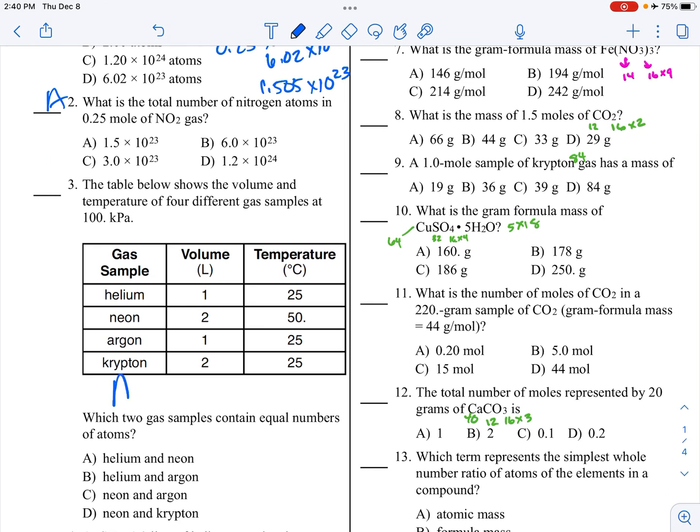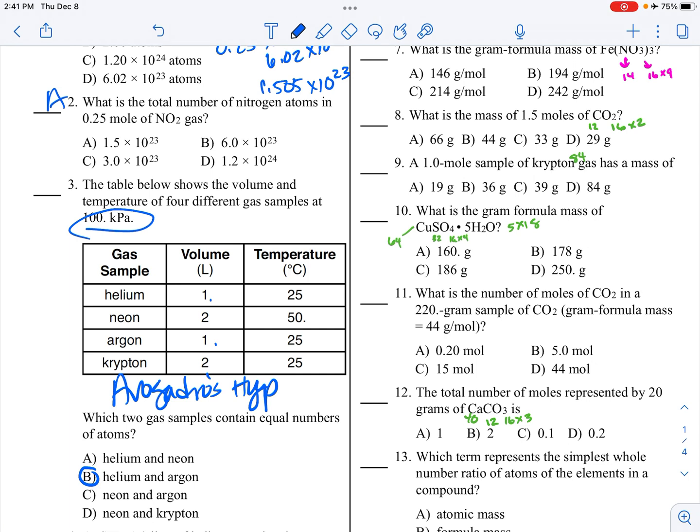So this is called Avogadro's hypothesis, which states that if you have the same pressure, which we do, and if we have the same volume and the same temperature, you'll have the same number of particles. So they're all at the same pressure. Helium and argon are at the same volume, and they also have the same temperature. So helium and argon would be our answer.